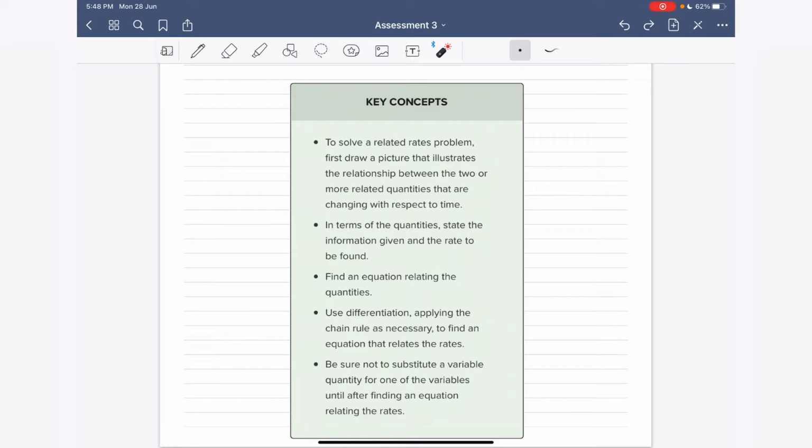Find an equation relating the quantities and use differentiation, applying the chain rule as necessary, to find an equation that relates the rates. Then be sure not to substitute a variable quantity for one of the variables until after finding an equation relating the rates.